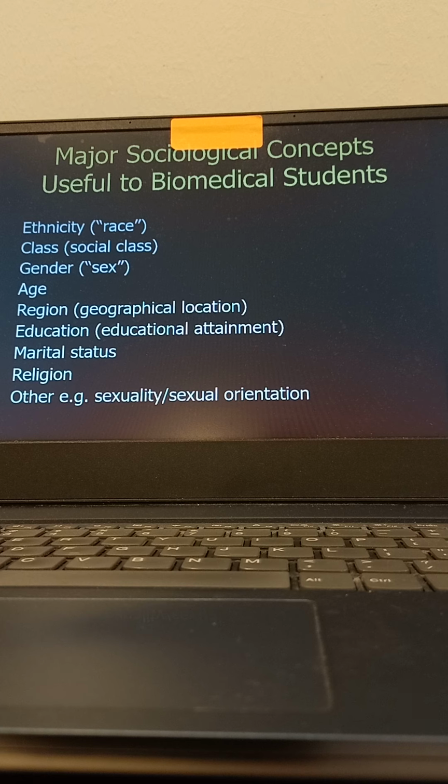Marital status, whether somebody is married or single or divorced or separated or widowed or whatever. Then, of course, religion. And there are other sociological concepts also. Example, sexuality or sexual orientation, whether somebody is heterosexual or homosexual or bisexual and so on.